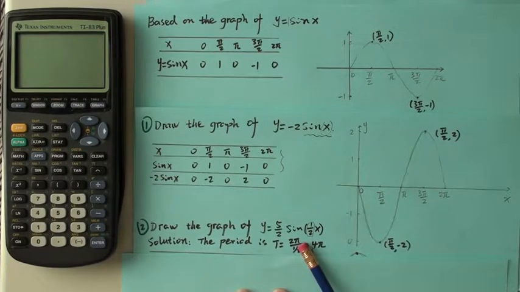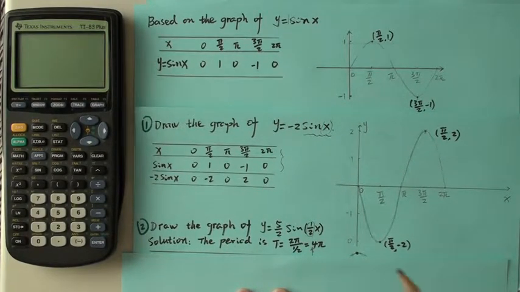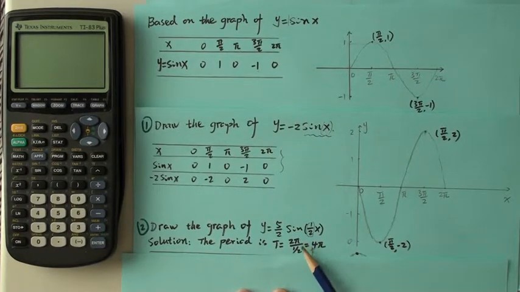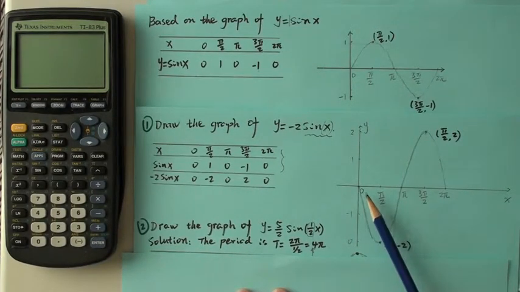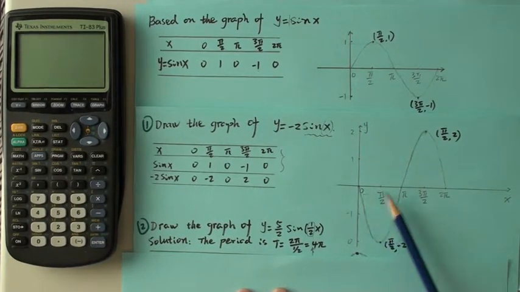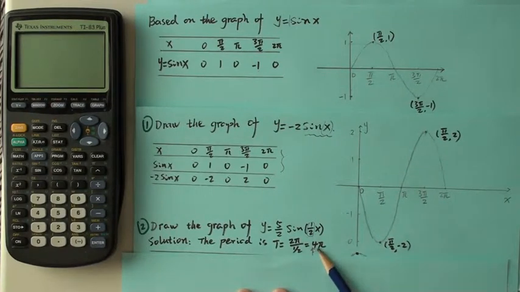Numerator is always 2 pi. Okay? So 2 pi divided by 1/2. 1/2 is 0.5, and 2 divided by 0.5 is 4 pi. Okay? So rather than the period being 2 pi, now the period is 4 pi.